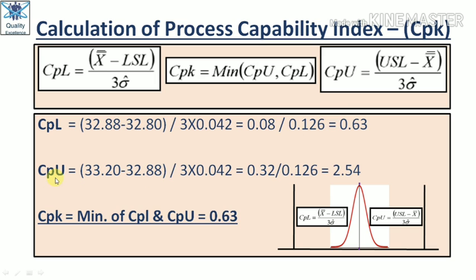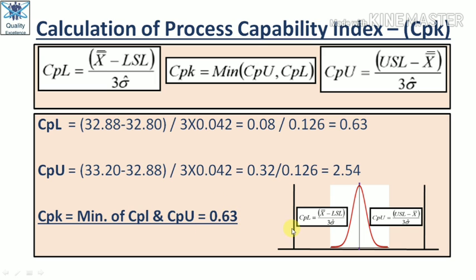Similarly, if we calculate CPU, it will be 2.54. And the minimum of CPL and CPU is 0.63. And why do we consider the minimum of CPL and CPU?